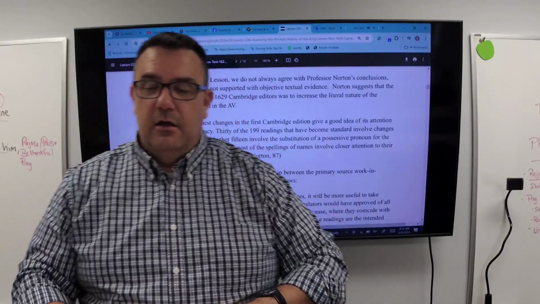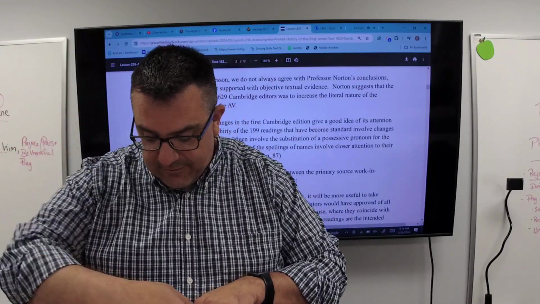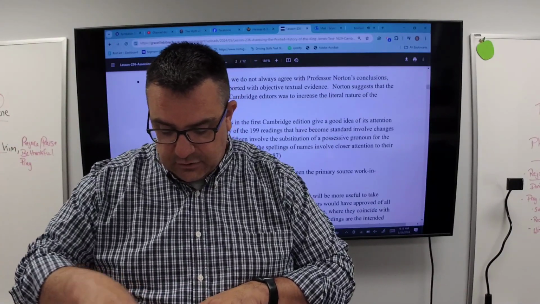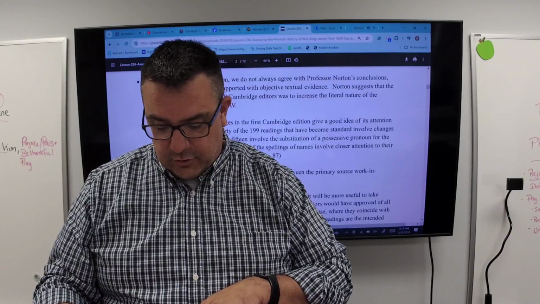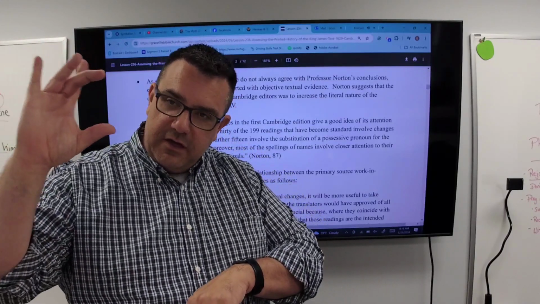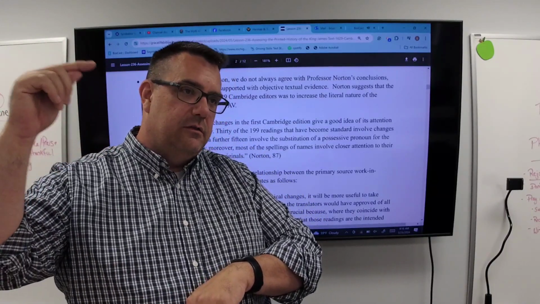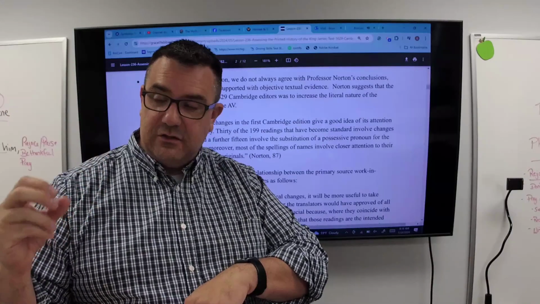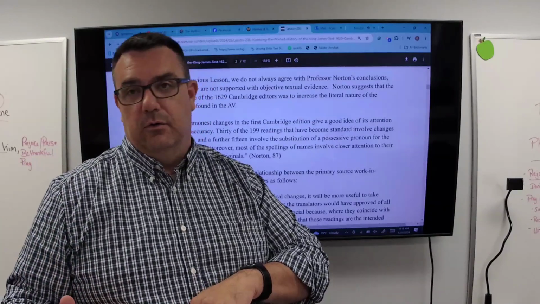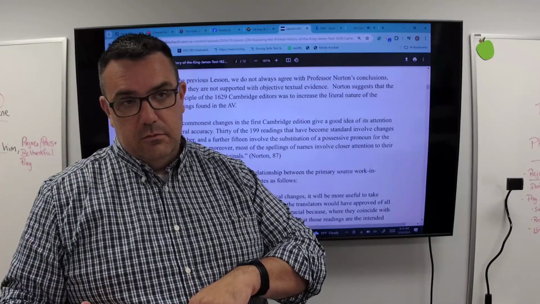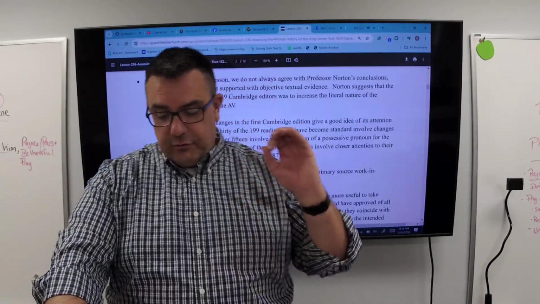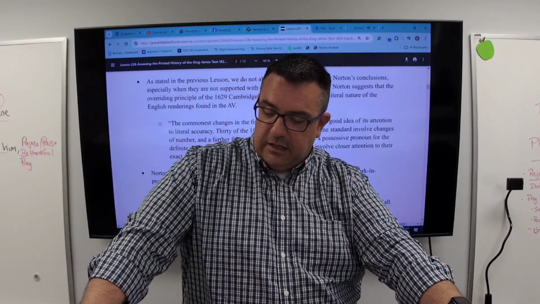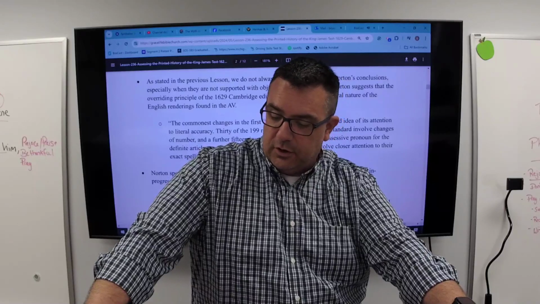So understand, in these examples, 5 of these 14 have annotations that create the first edition reading. What he's saying there is, in these 5, there's a unity between the 1602 annotations and the 1611, which suggests that these were intentional choices made by who? The translators, okay?